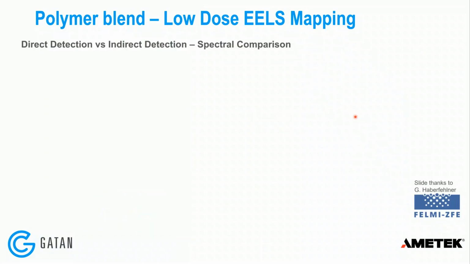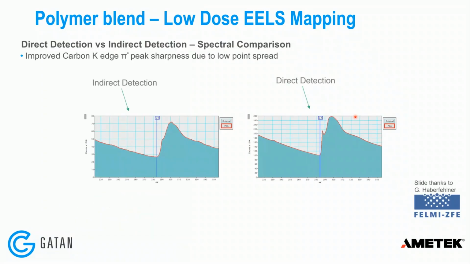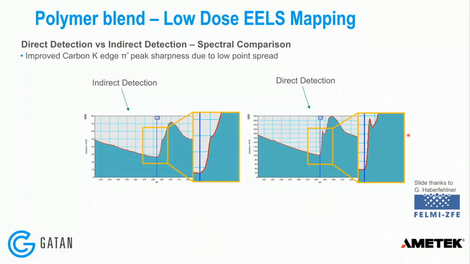Okay, so again, a comparison between the 2 spectral data sets. First of all, if we look at indirect versus direct detector, this is a side interest. Because of the low point spread, we have a much better resolved pi star peak on the carbon K edge. So we'll zoom in a bit.